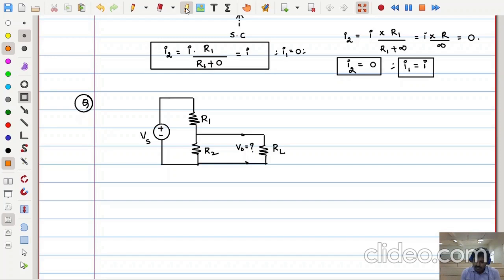So there is some kind of application. You can assume this is the source. This source might be located far away, where the power supply generating stations are.